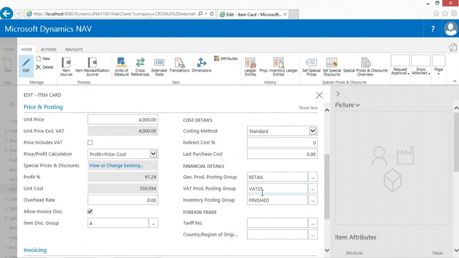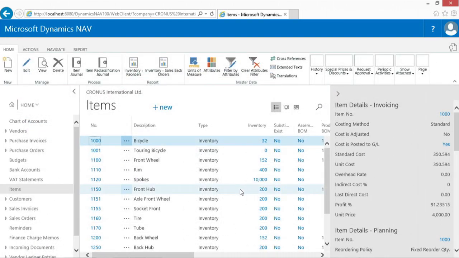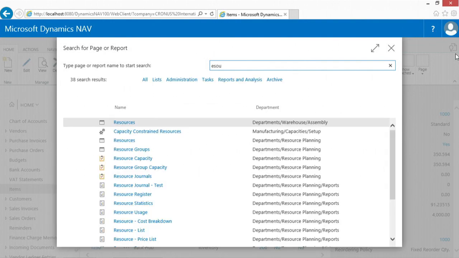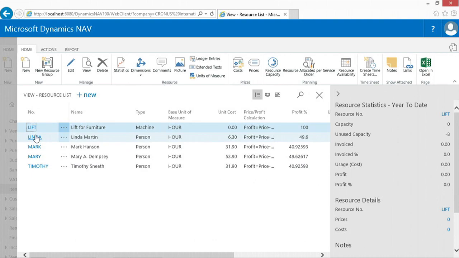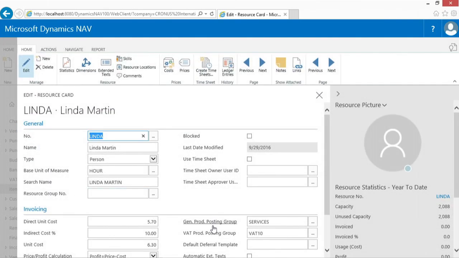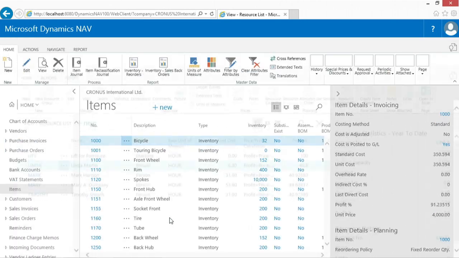So here you can see VAT 25, which means that they're charging 25% of VAT on bicycles. Then also resources, of course. So it's quite similar to the general product posting groups we saw. So if I go back to the resource Linda, you can see VAT 10, which means that when selling services of Linda, we are charging 10% of VAT.